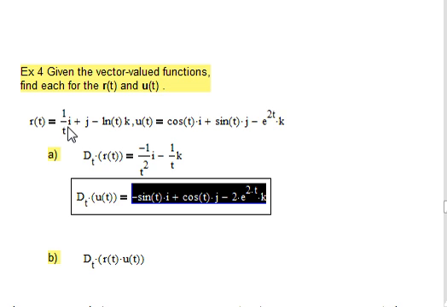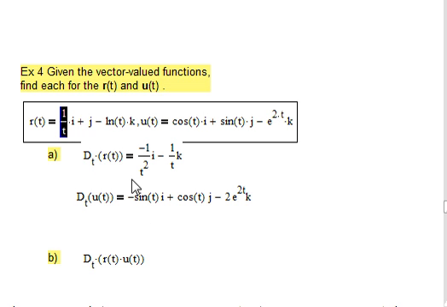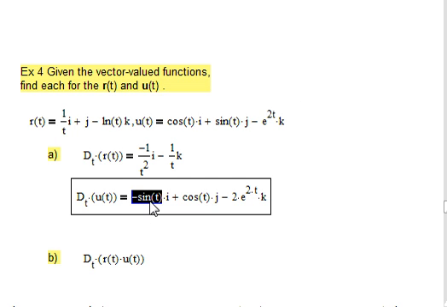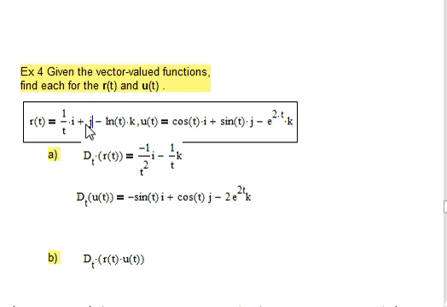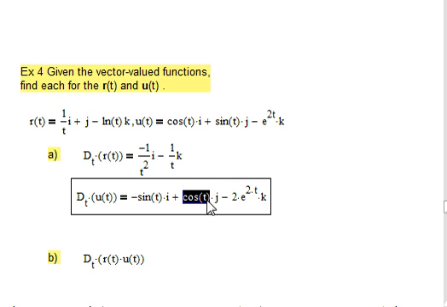Times, I should say which particular type of multiplication is the dot type. And so we want to multiply this 1 over t times negative sine of t, this 1 times cosine of t, and add to that, I say add because it's negative times a negative, 2 ln of t times e to the 2t. And then we also want to say plus the derivative of r of t dotted with the original u.